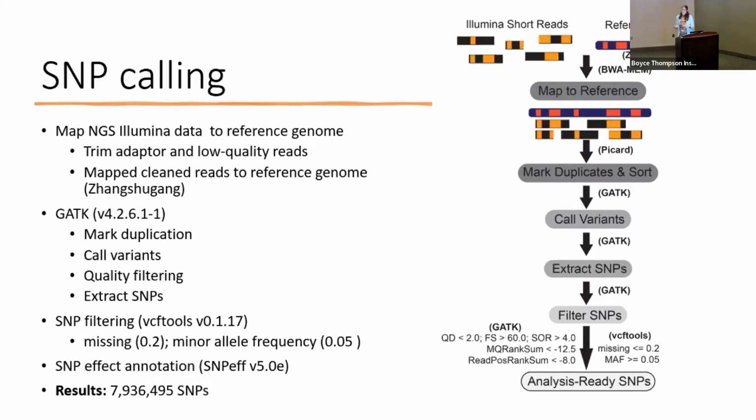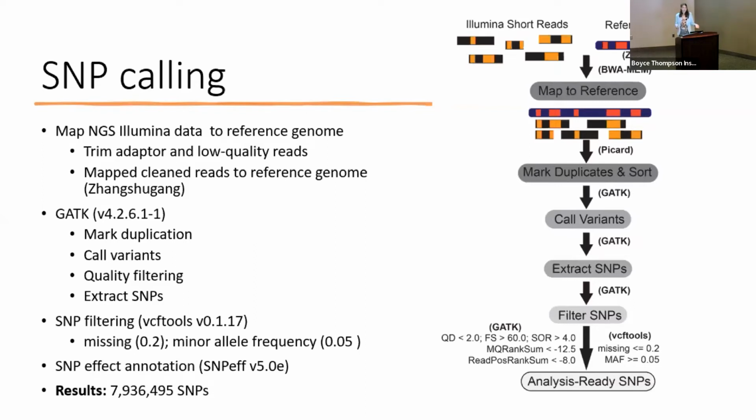Once we've done this lineup of the Illumina reads to the reference, there are different types of genetic variants that can be found. We call all of them, and then I just extracted the SNPs, which are the types of genetic variants that I was going to use. I then moved on to SNP filtering, so getting rid of missing or incomplete SNPs, and also filtering for the minor allele frequency.